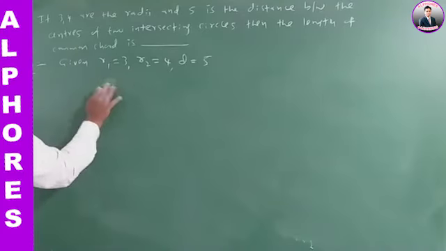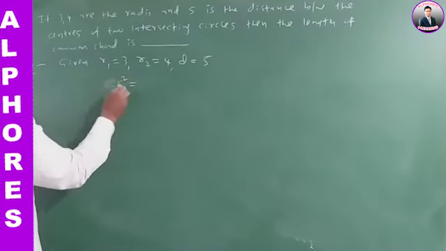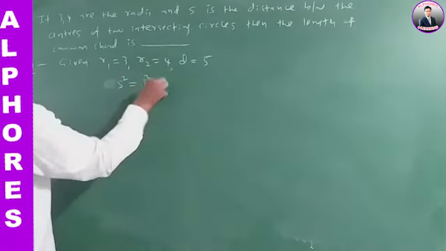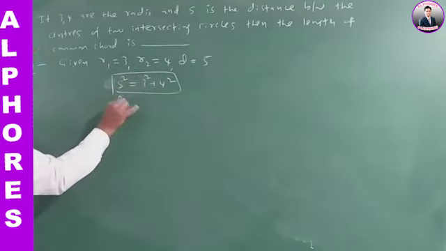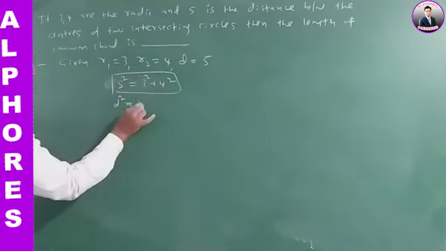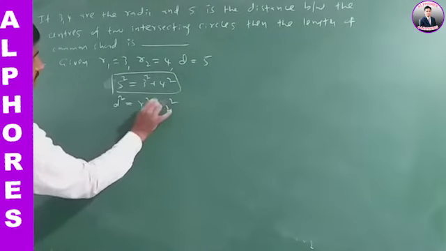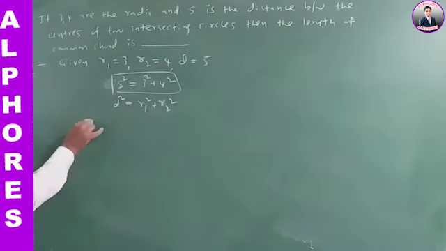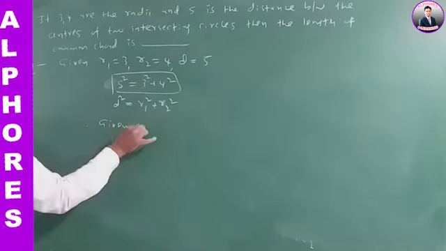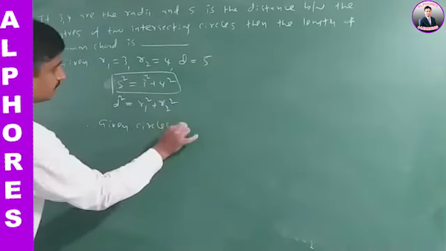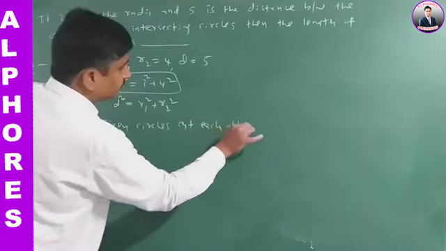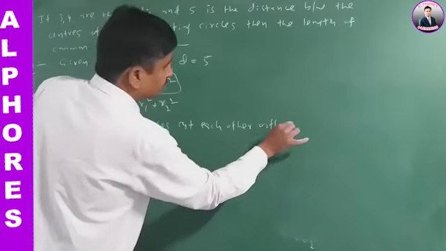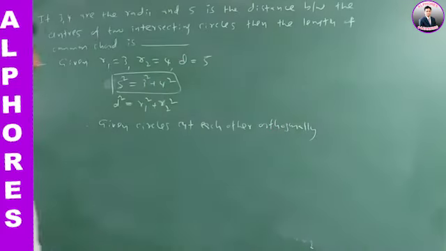Here actually 5 square equal to 3 square plus 4 square. It means D square equal to R1 square plus R2 square. Therefore, the given circles cut each other orthogonally.